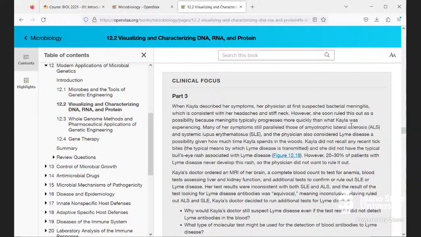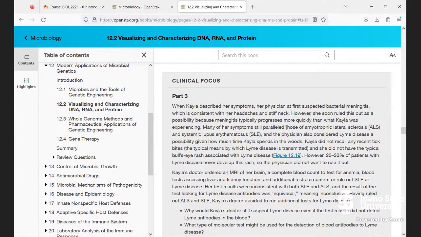But they rule that out. There are other opportunities besides bacterial. There could be some viral culprits with that as well, but they're ruling out meningitis initially. All right. So a lot of her issues seem to not quite fit with the idea of meningitis.